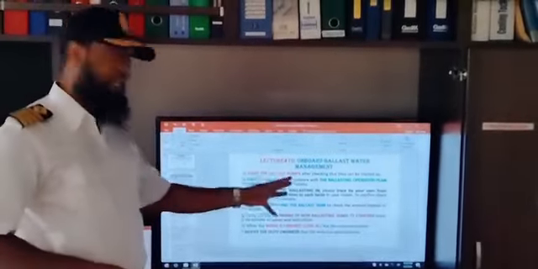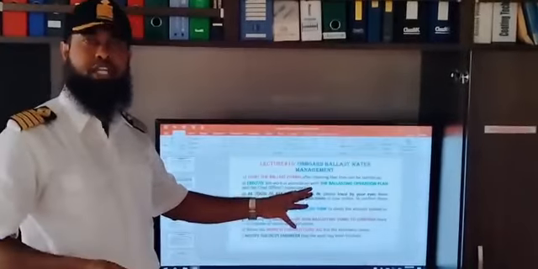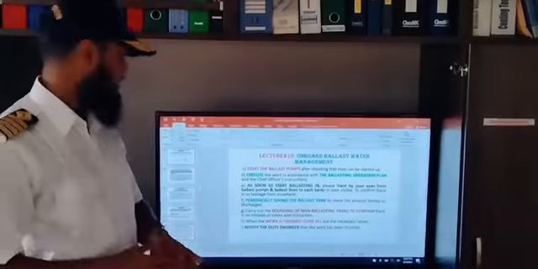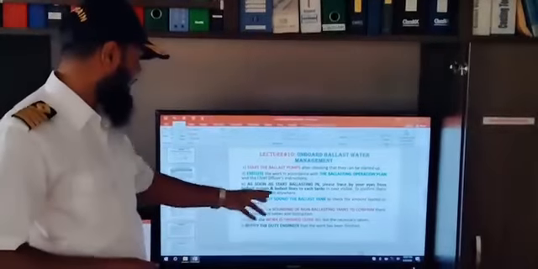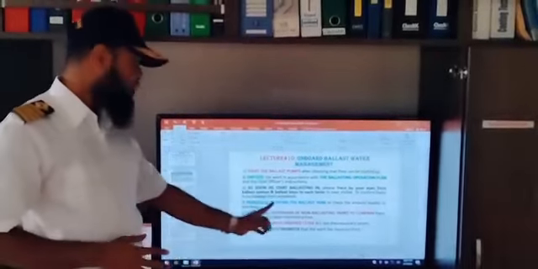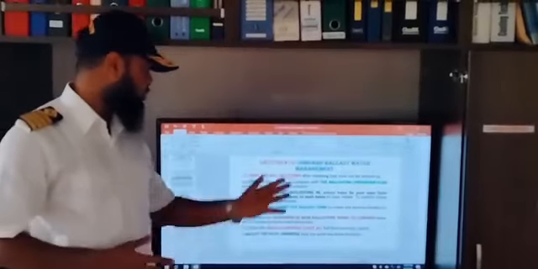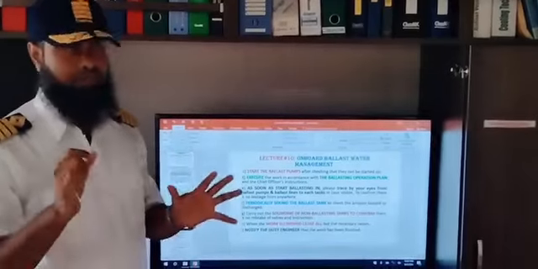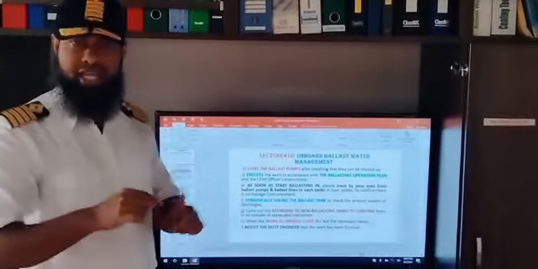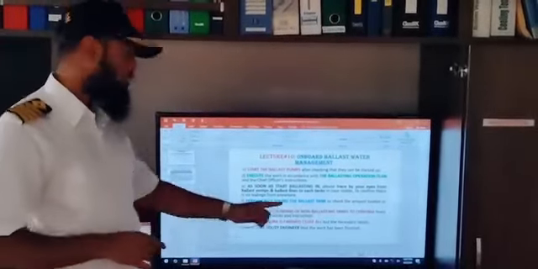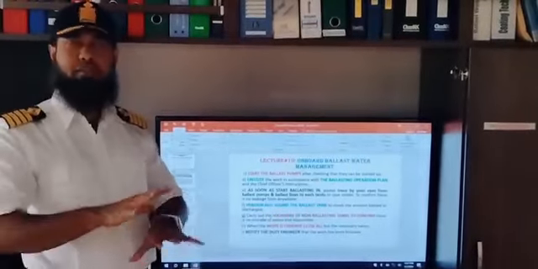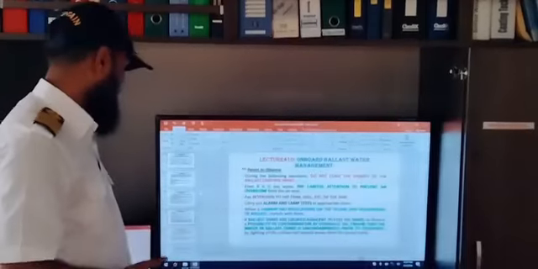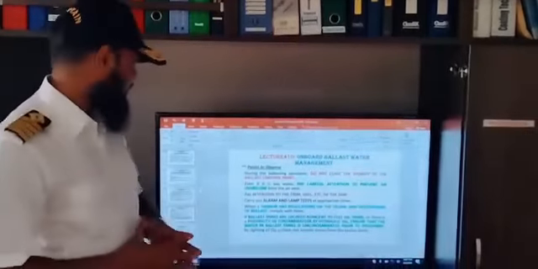As soon as the ballasting starts, please take sounding of the tanks or monitor that the water is going into that particular tank. And also periodically sound the ballast tanks, and sound the non-ballasting tanks to confirm that there is no mistake of water flowing into other tanks. And when the work is finished, please close all the valves and inform the engine room, which is very much normal operation.